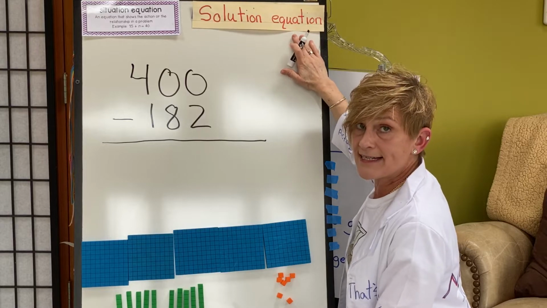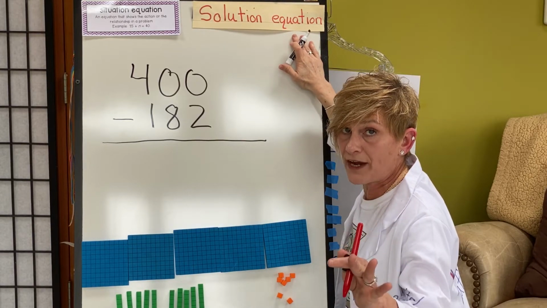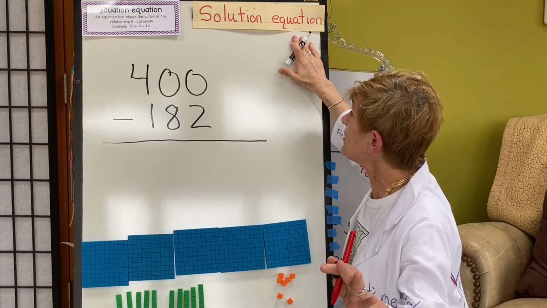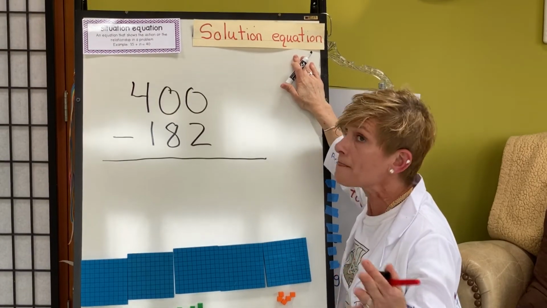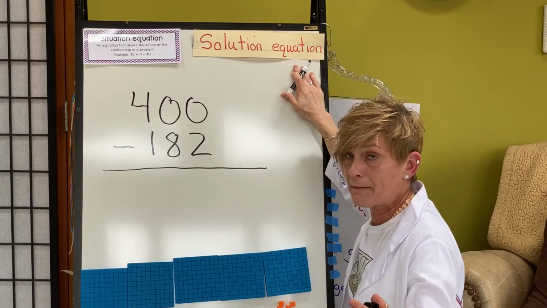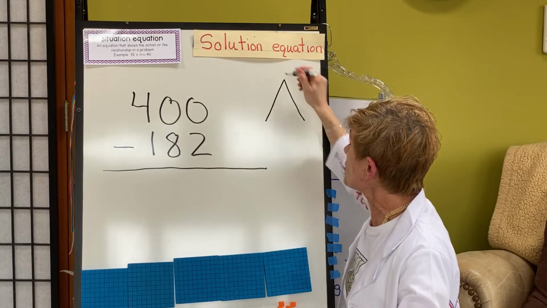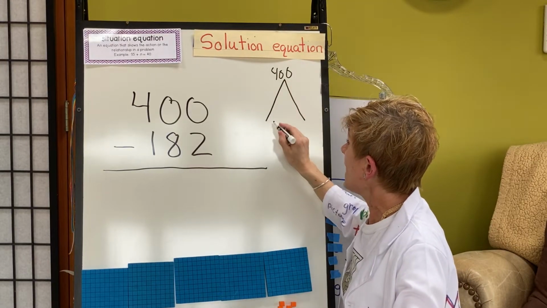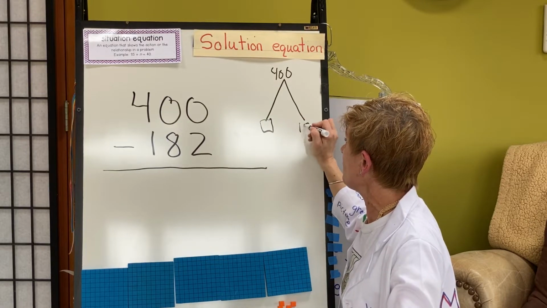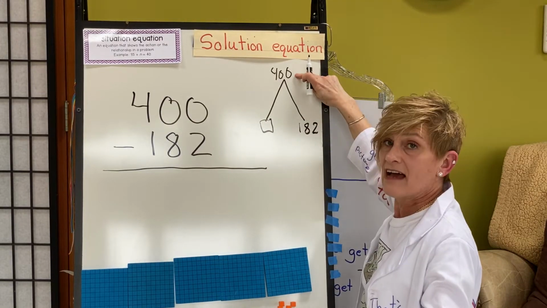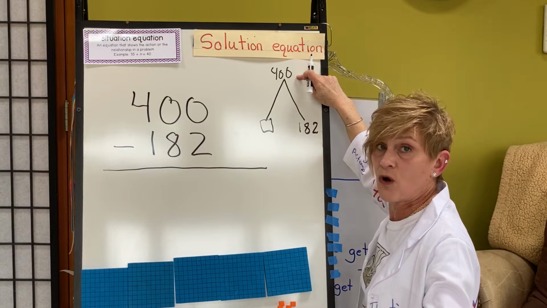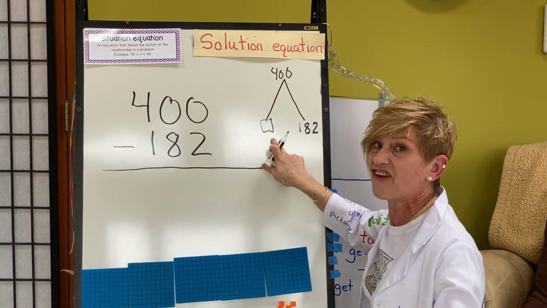That's what Mrs. Seitz is doing for her solution equation. If you are doing a different solution equation, I'd love to see it. You can send me a picture of it. This is the one I'm going to choose because I know the total. I'm looking for the other add-in, and when I know one add-in, I can always subtract it from the total to get that other add-in.